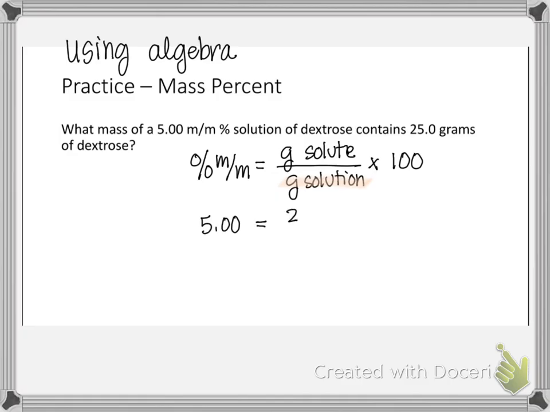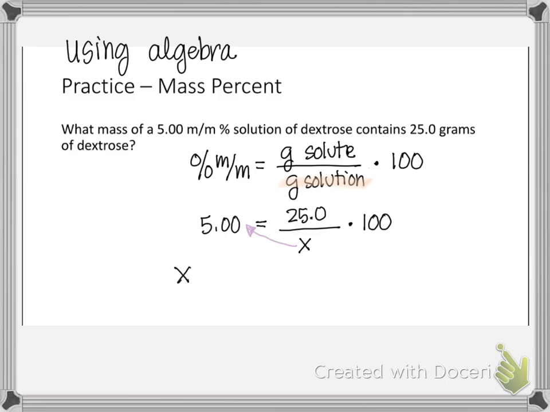And I have 25 grams on the top. And the grams of solution, I'm going to put X. And then this, I'm going to change to a dot because I don't want to have two X's, okay? So I'll change this one up here to a dot too. So anytime you have something you're solving for that's in the denominator, get it out of there fast by cross multiplying it to the other side.